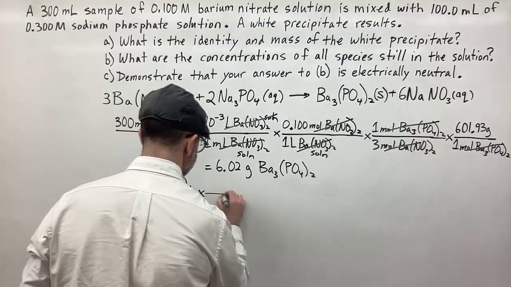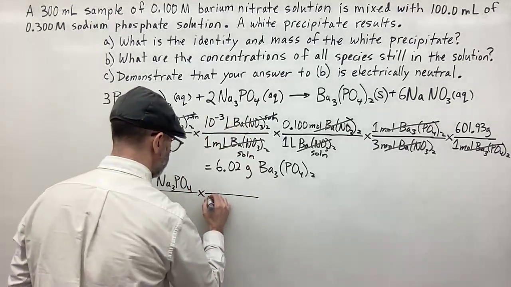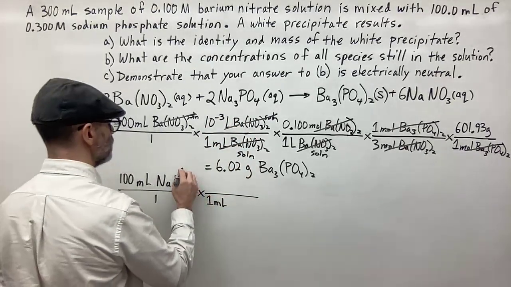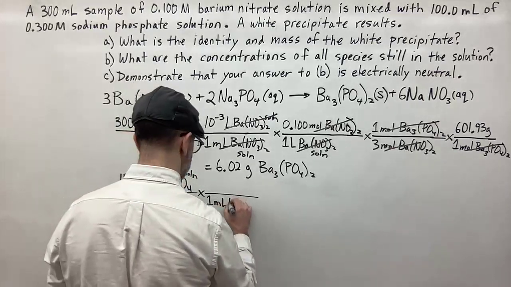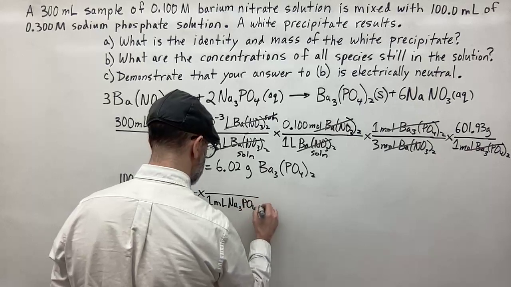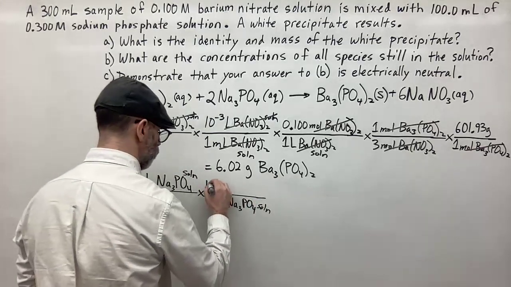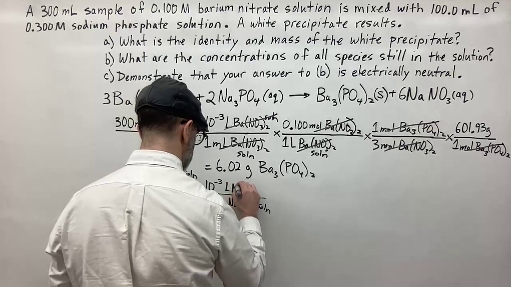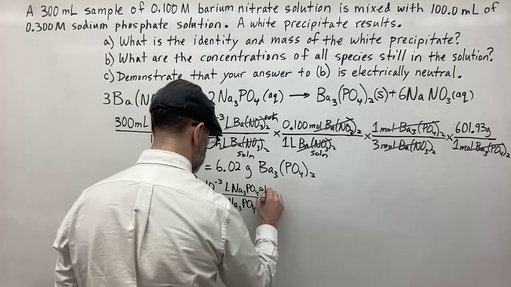So first, same as here, I'm going to convert milliliters to liters. So 1 milliliter, again, this is the solution, 1 milliliter of the sodium phosphate solution is equal to 1/1000th of a liter of the sodium phosphate solution.